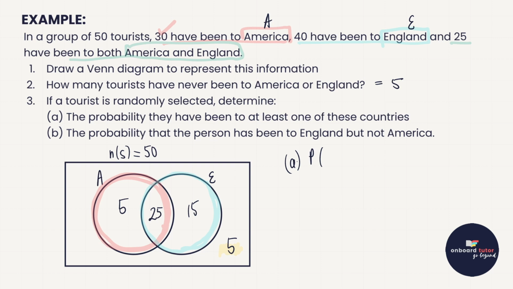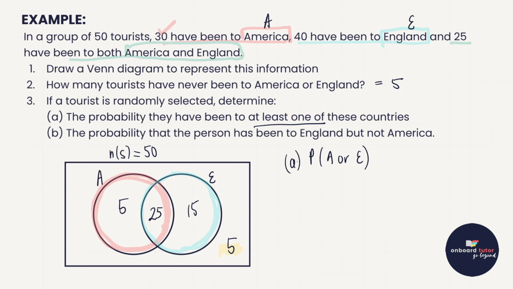At least one makes me think that is America or England. Why? Because in America or England, remember, is everything in this and this intersection. So you could go to either one, America or England, or both America and England. So that's the or question.